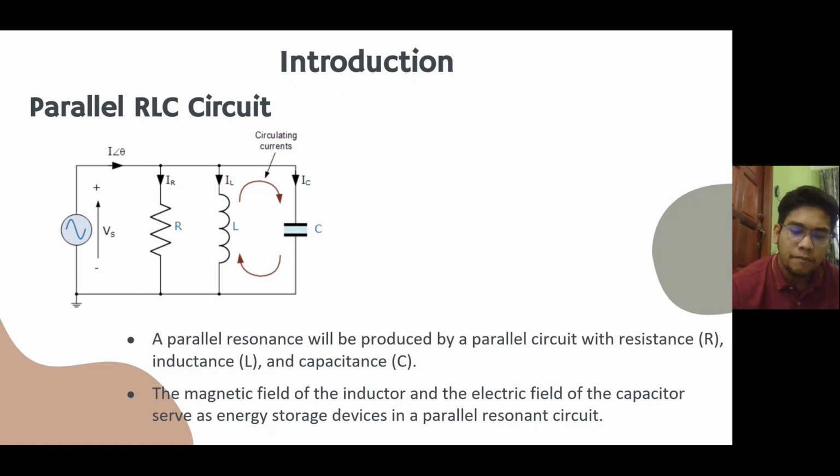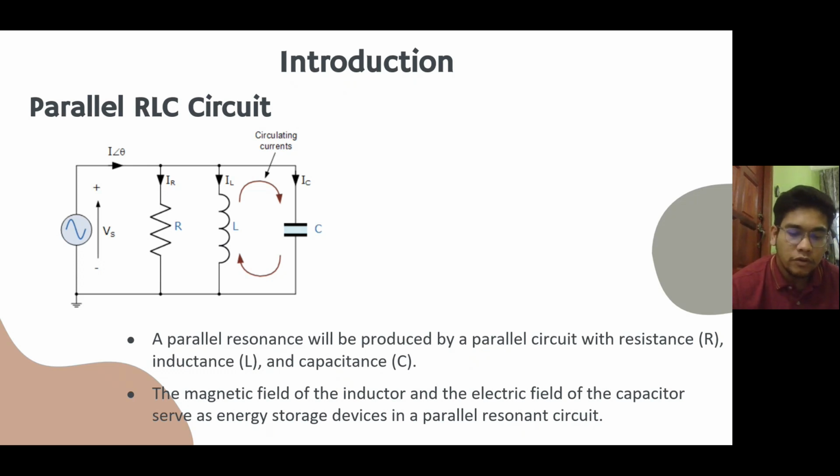When you set up the parallel RLC circuit, it gives us the resonance that results when circuit elements, which are resistor, inductor, and capacitor, are connected with their inductance and capacitance in parallel, so that the inductive reactance and the capacitive reactance are equal and obtain maximum impedance at the frequency at which the circuit is resonant.